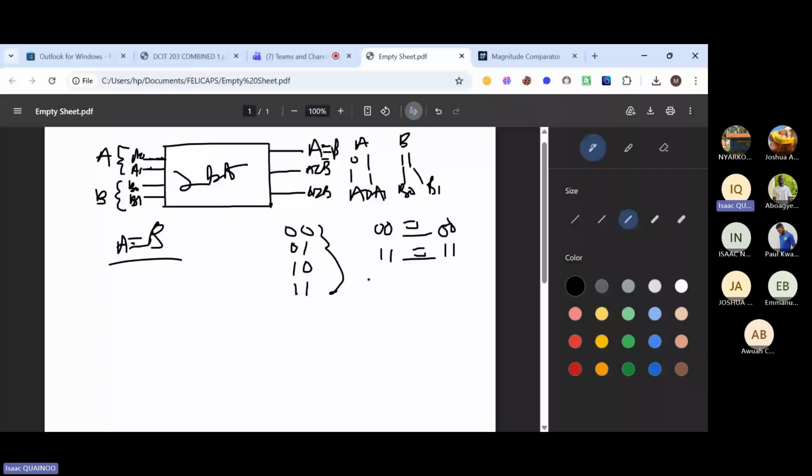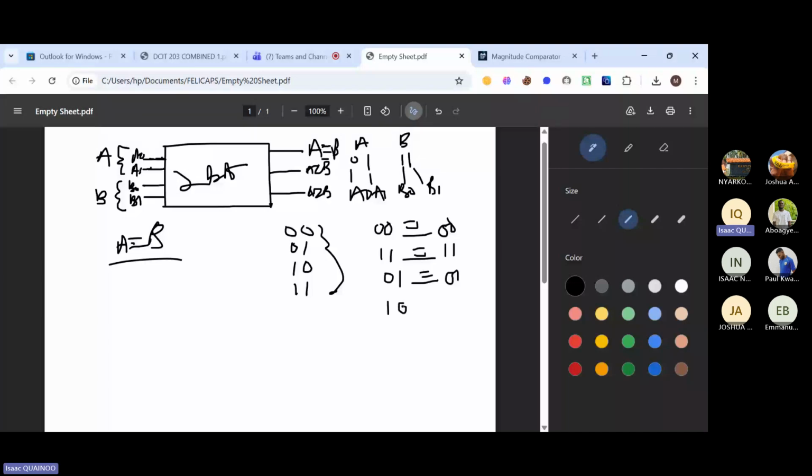They will also be equal when comparing 01 to 01, and when comparing 10 to 10. So these are all the possible combinations where equality can be attained under a 2-bit magnitude comparator. With this, we can easily make a deduction.